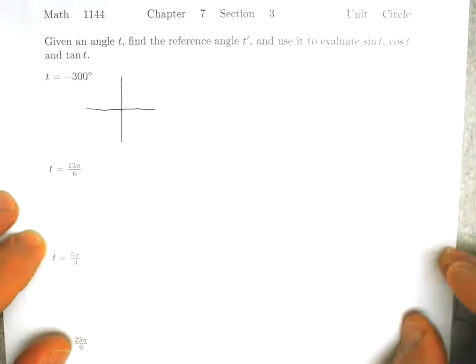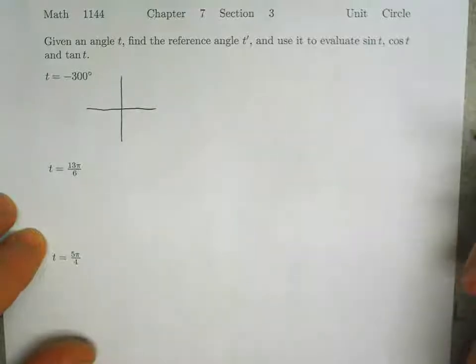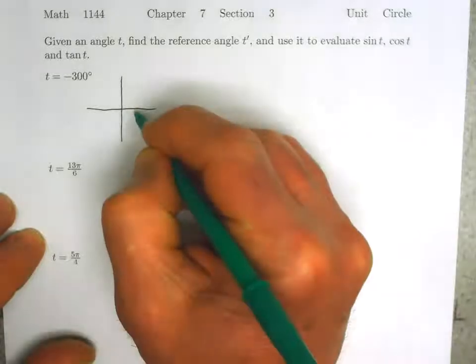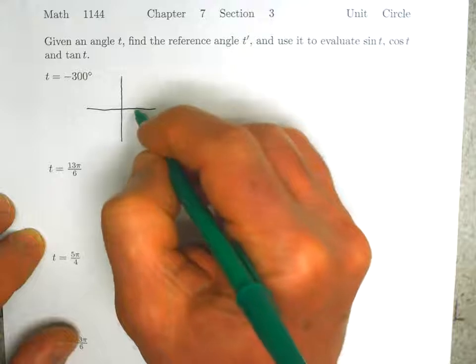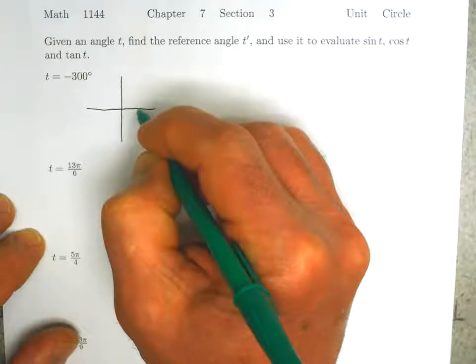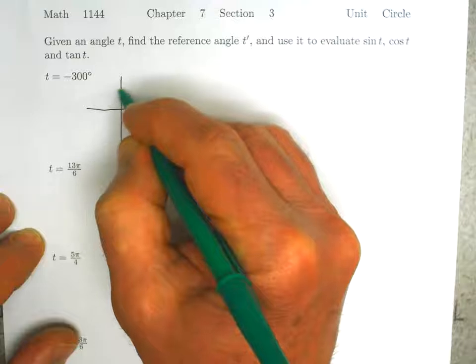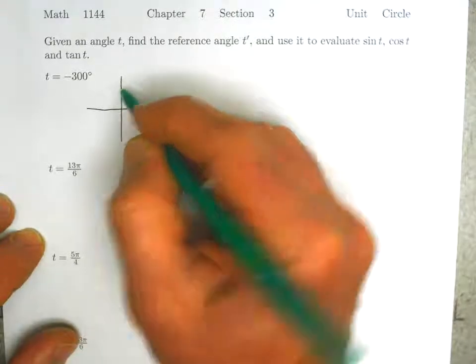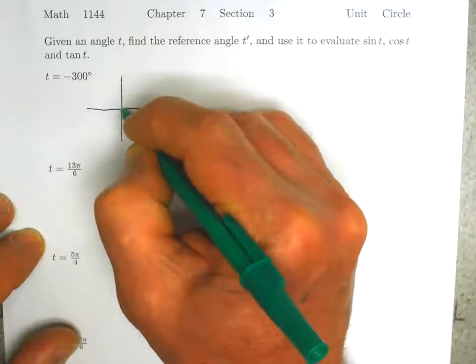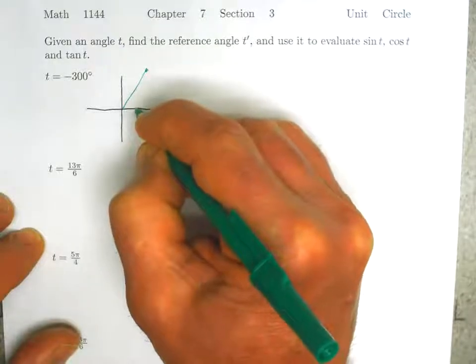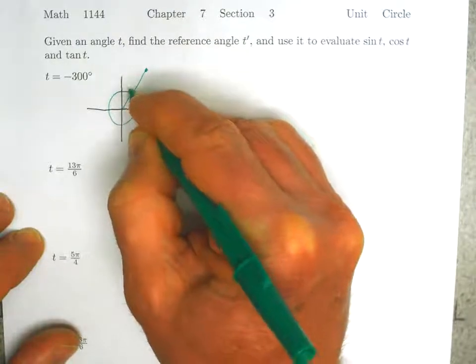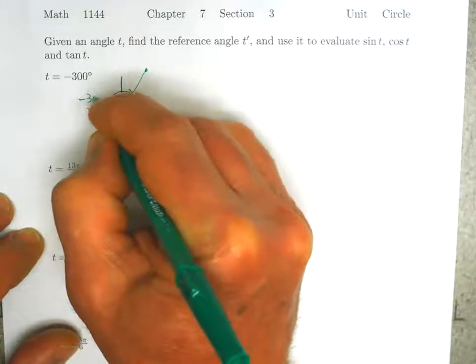So if t is equal to negative 300 degrees, that's a clockwise revolution. So let's see, from the positive x-axis, negative 270 is on the positive y-axis. So negative 300 is right there. So that is negative 300 degrees.